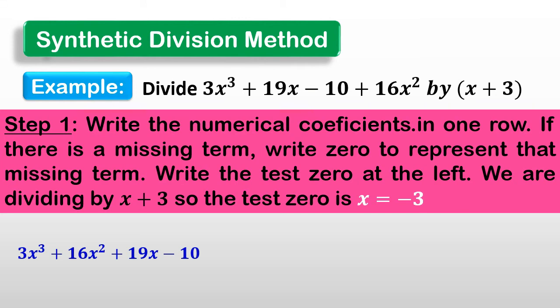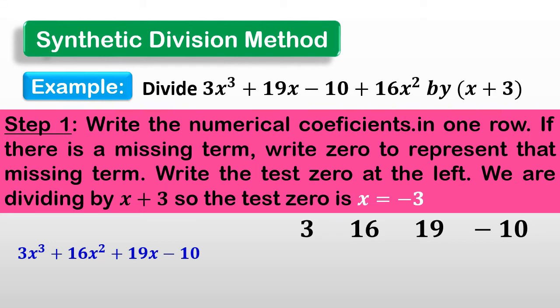So that it is easier to identify the numerical coefficients of our polynomial. Okay, so let's put the numerical coefficients of the polynomial. The numerical coefficients of the polynomial are 3, 16, 19, and negative 10. Next, let's put the test 0 at the left side of the first row. How do we get the test 0 of the problem?